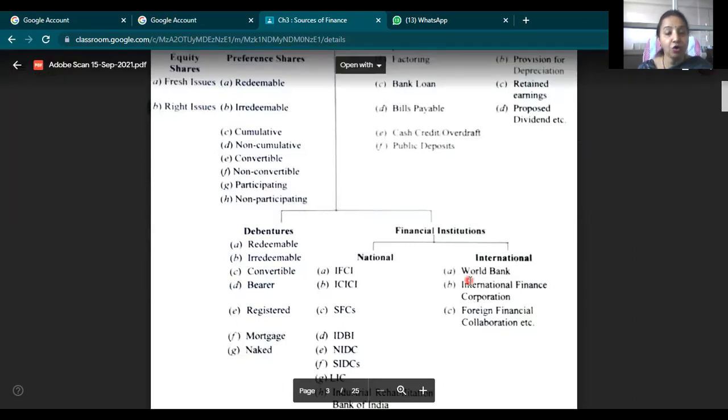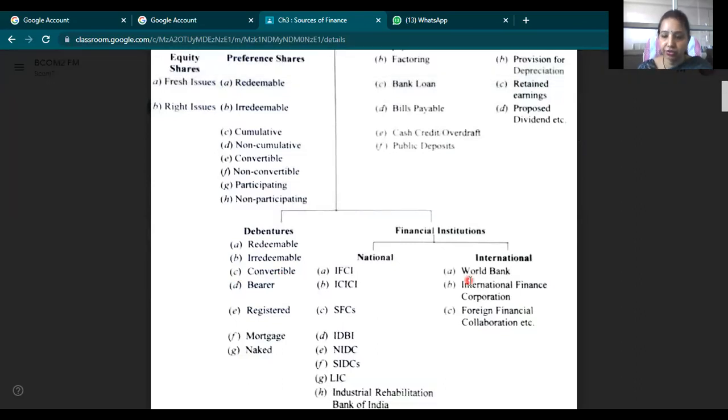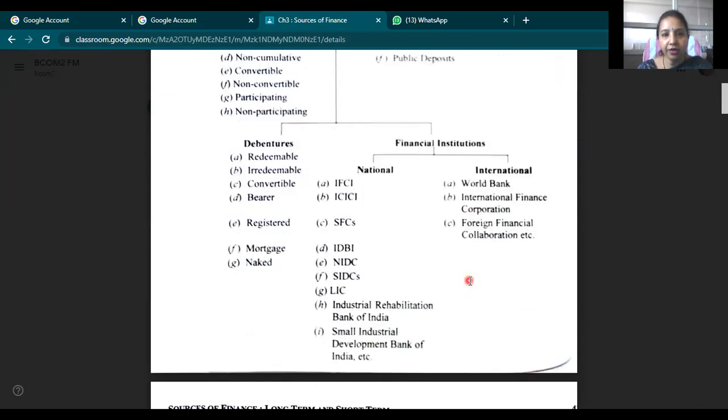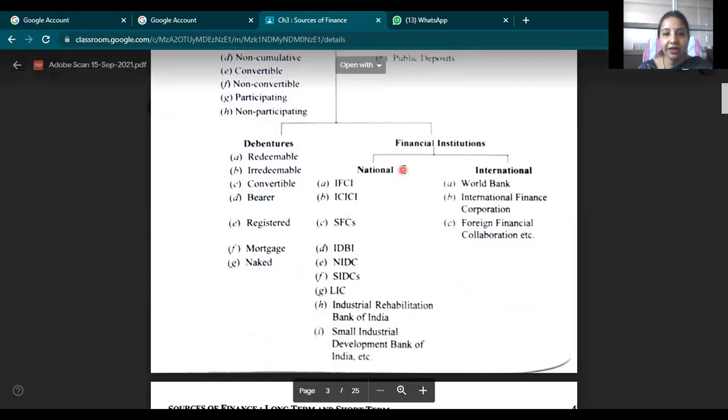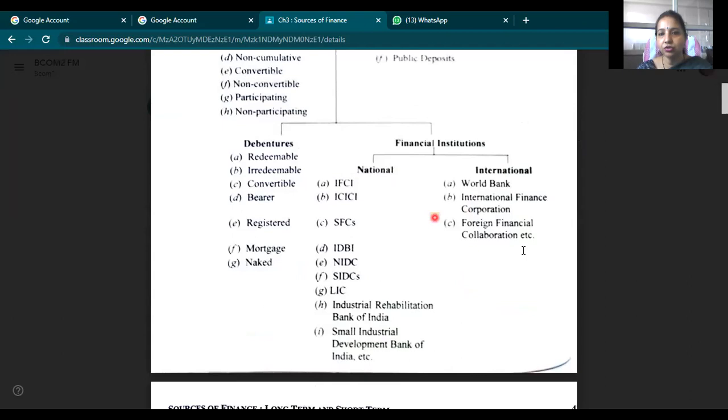When we are taking long-term loans from financial institutions for my company, whether national or international, these are different financial institutions which will help you out as sources of finance for your company. You can take finances from any national financial institution, or the source can be an international financial institution.